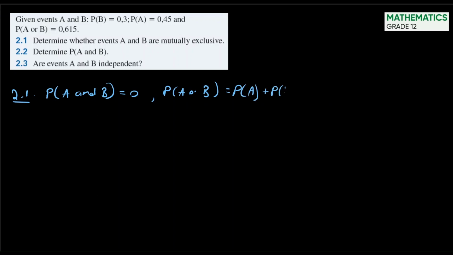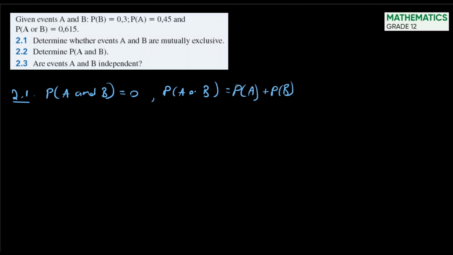We know that for events to be mutually exclusive, the probability of event A and B gives you 0, and the probability of A or B will be equal to the probability of A plus the probability of B.